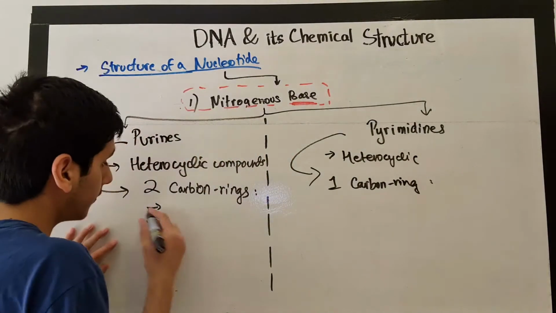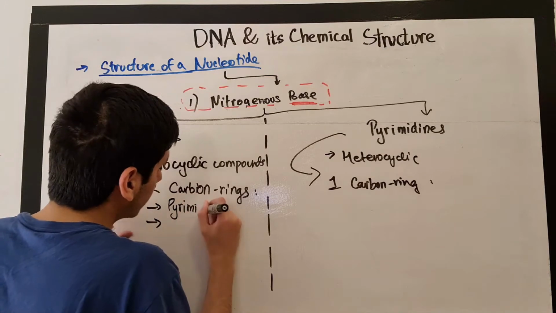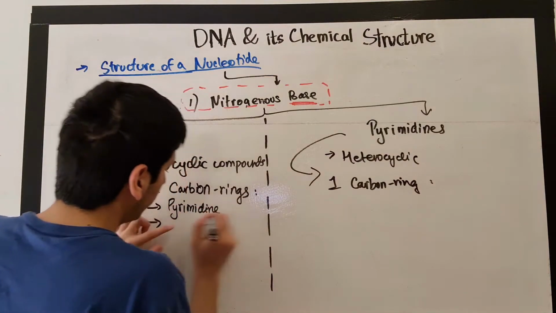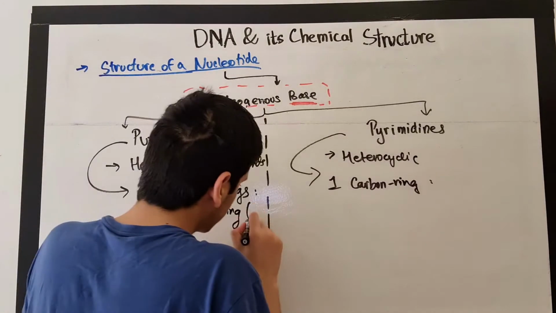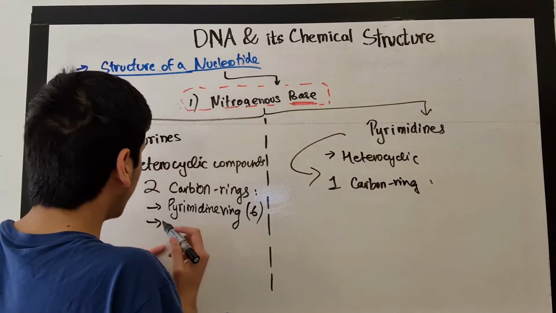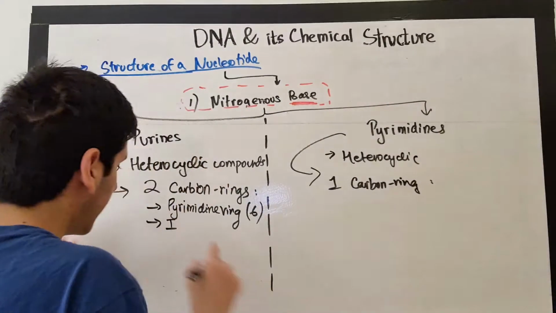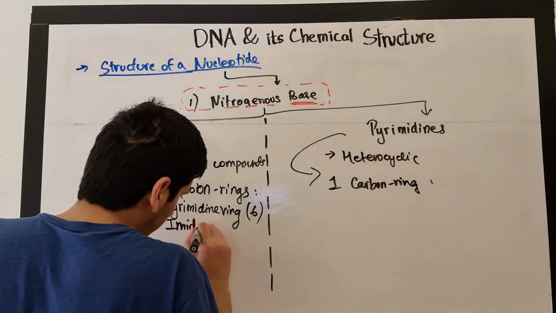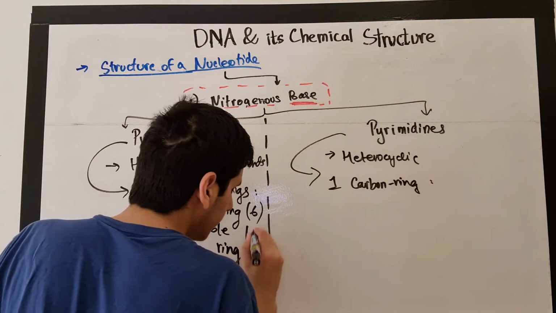The 6-membered carbon ring is called a pyrimidine ring. Then the 5-membered compound is the imidazole ring.